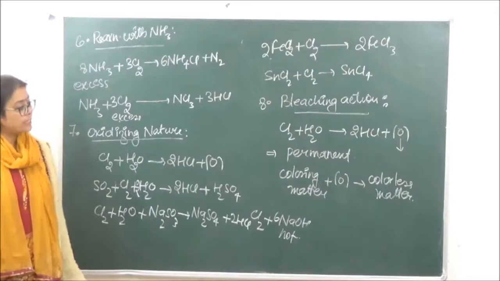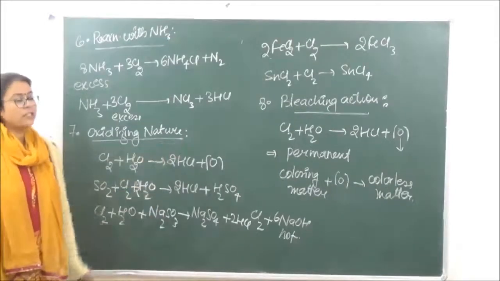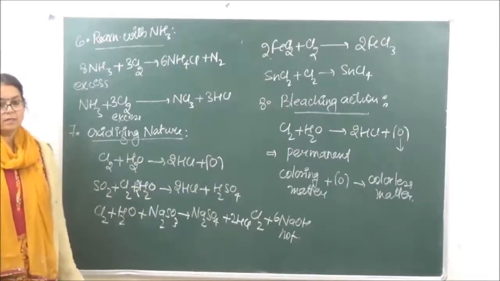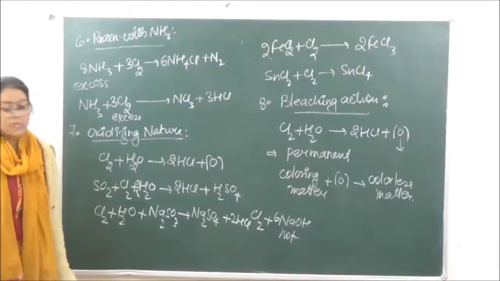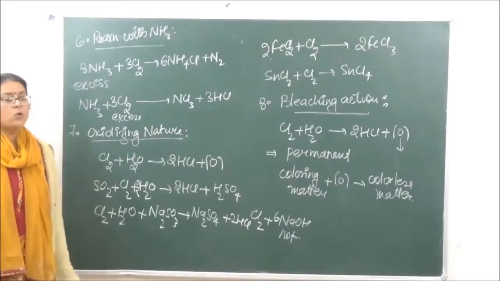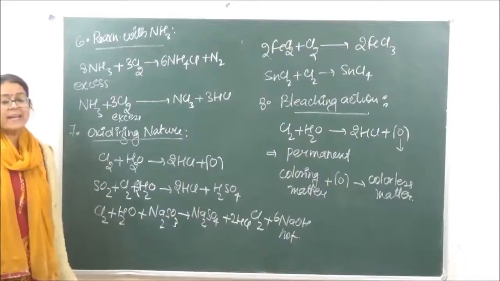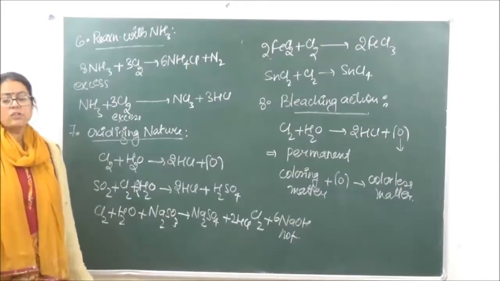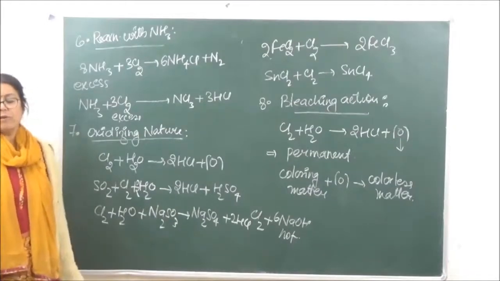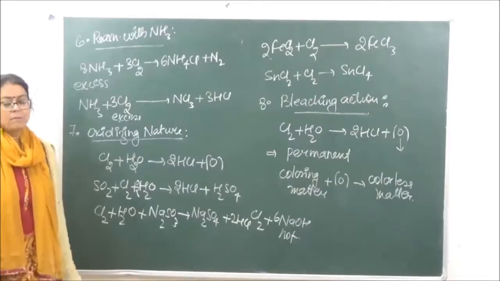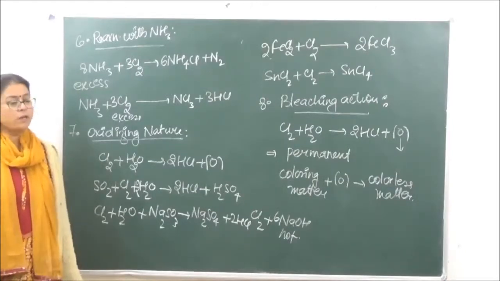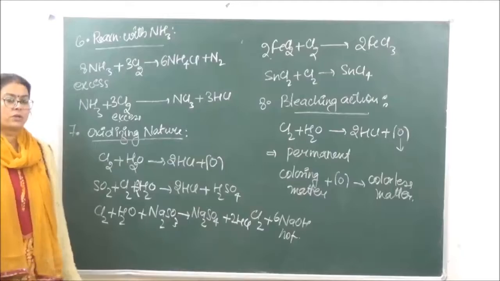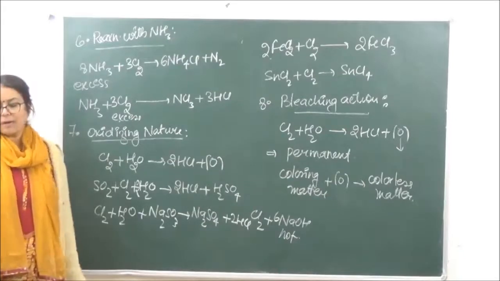Number two, I have already discussed this also, that the bleaching action is going to be permanent. ठीक है? And number three, it cannot be used for delicate fibers like wool. So इसको हम generally use करते हैं for bleaching paper, pulp, wood pulp and cloth. ठीक है? So this is all about chlorine.